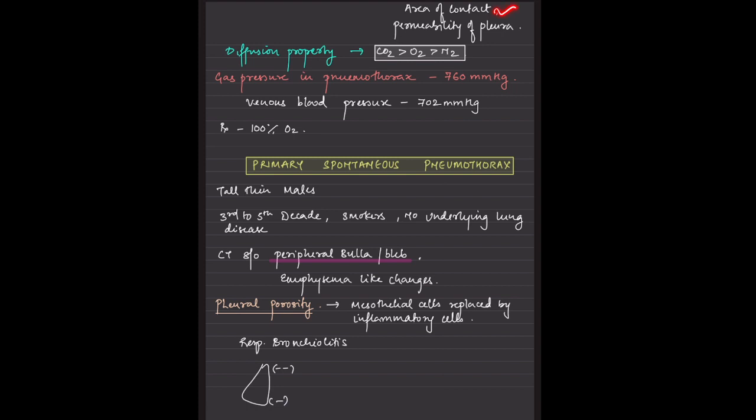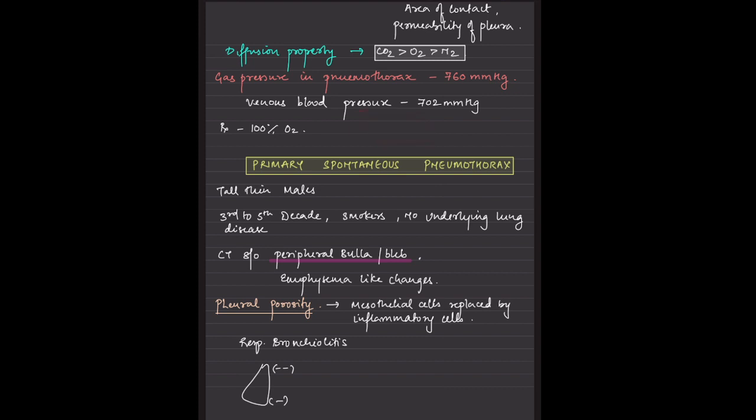It also depends upon the area of the contact, and the permeability of the pleura. So this is how the air is reabsorbed: through the pressure gradient, the diffusion property, the area of the contact, and the permeability of the pleura. And so we have 100% oxygen as a treatment for patients who are under observation.